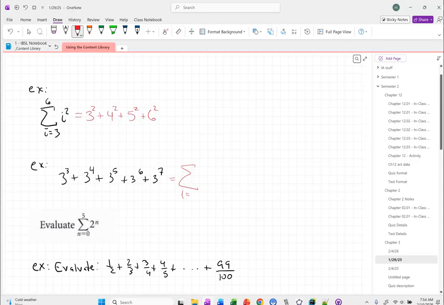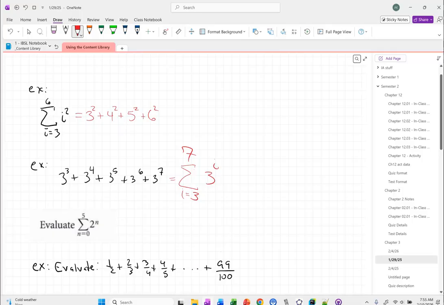The exponent. So that's where the variable should be, right? What is the exponent starting at? 3. What is it ending at? 7. So you could write it that way. Not the way I would intend for you to write it, but that's okay. It's correct.